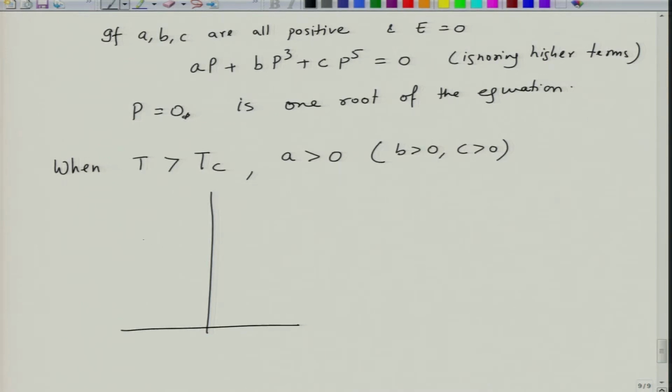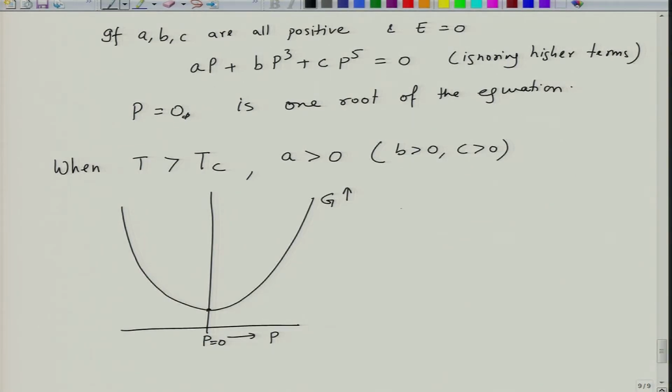In that case the free energy shows, so this is G versus P. So, at P is equal to 0, we have a free energy minimum.